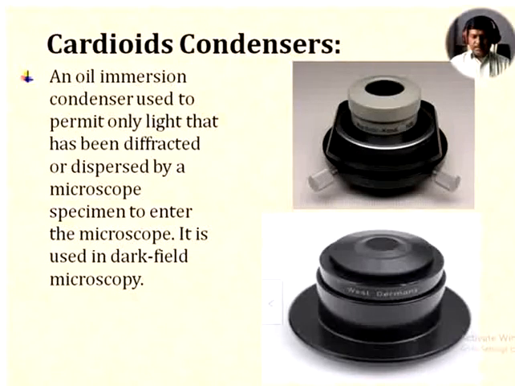We know that in case of light microscopy there are two types of microscopy, that is bright field microscopy and dark field microscopy. In bright field microscopy, illumination of light is transmitted through the sample and the contrast is generated by the absorption of light in dense areas of the specimen.